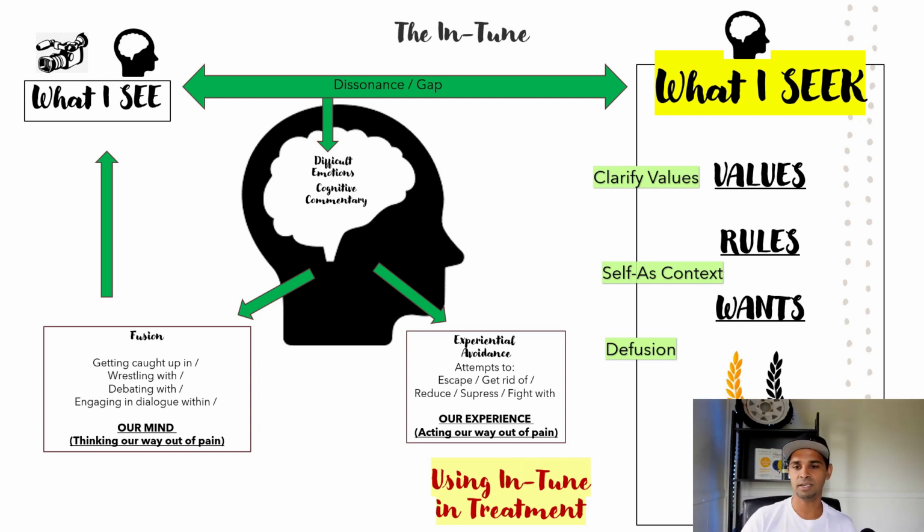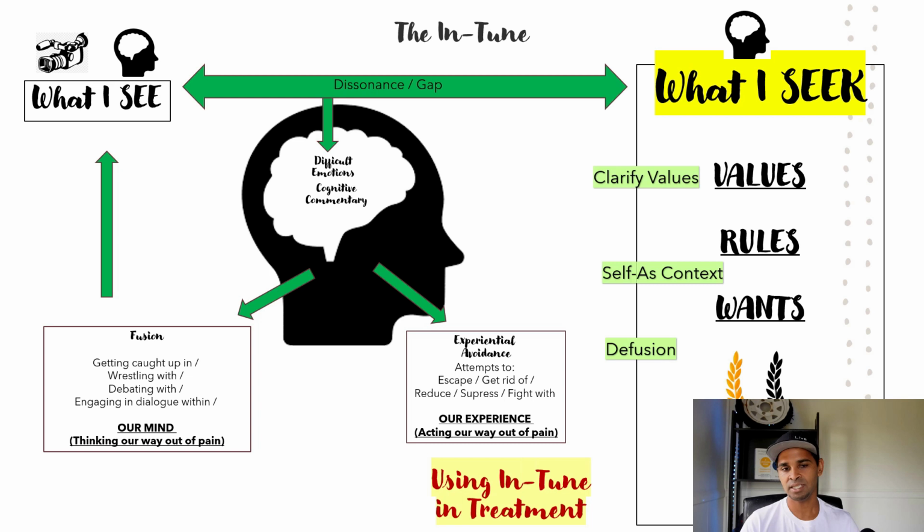And what I'll emphasize is that regardless of which one it is, regardless if it's a value, a rule, or a want, if the reality you see is dissonant to it, the difficult emotion I would put forward is still experienced. So even if I have a rule that I need to achieve highly, even if there's values in it, but it's not value founded, not built on the value, if I'm holding that as a rule and the reality that I see is that I don't do well in an exam, I'll still feel that difficult feeling.